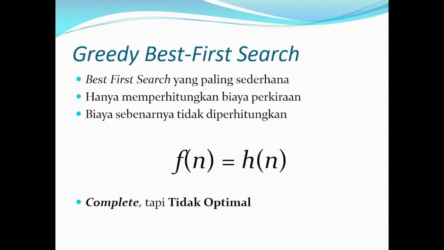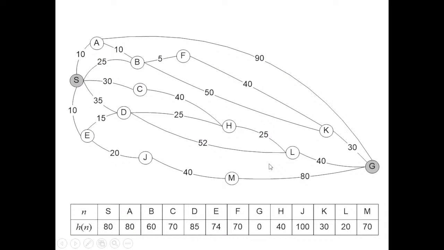Our heuristic value is usually denoted with h(n). In this slide, we have the h(n), the heuristic values for n, which are these values in the table. That is the heuristic values, Mas Andi.